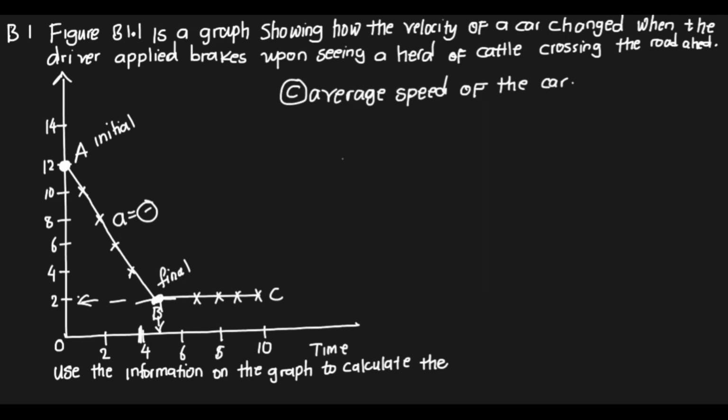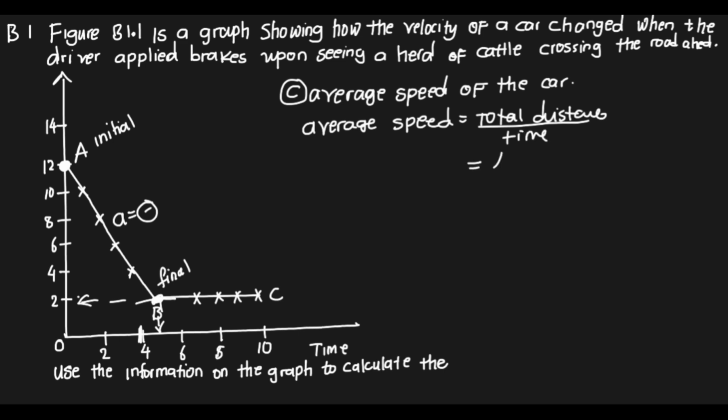So for question C, we want the average speed of the car. So average speed is equal to total distance over total time taken. So the total distance, we've calculated it.